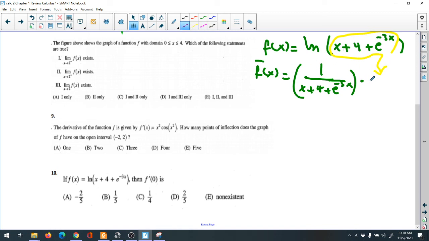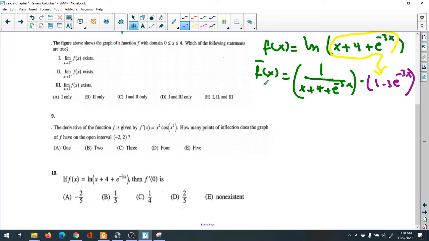Derivative of x is 1. Derivative of 4 is 0, don't count it. Derivative of e to the negative 3x is still e to the negative 3x times derivative of negative 3x, which is negative 3, so minus 3. That's the derivative of the function.